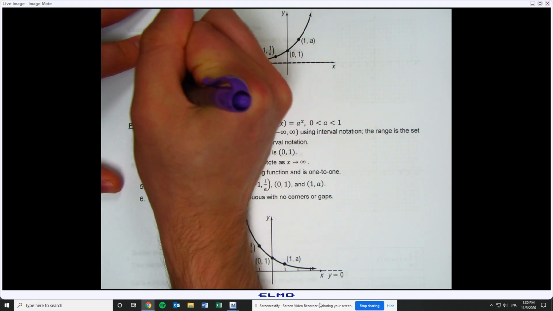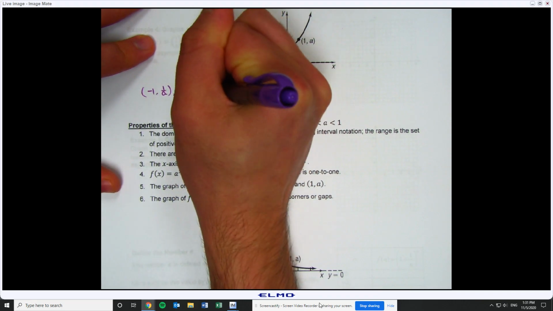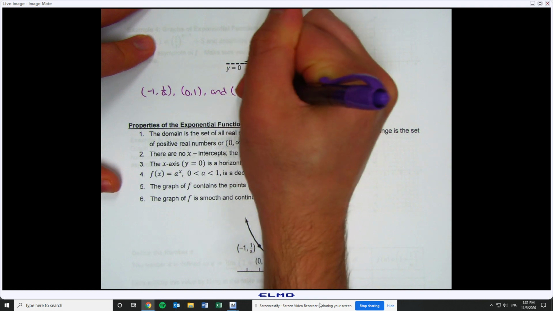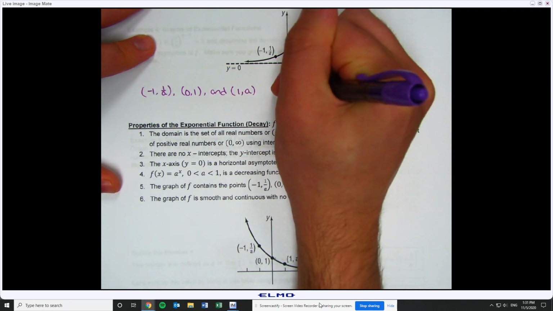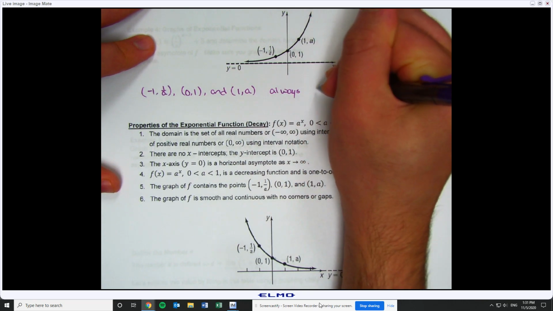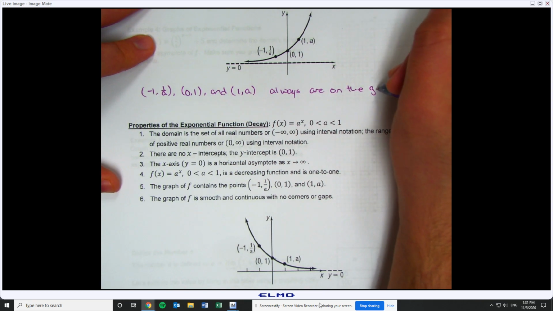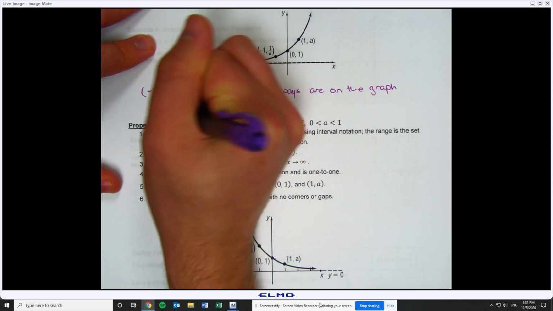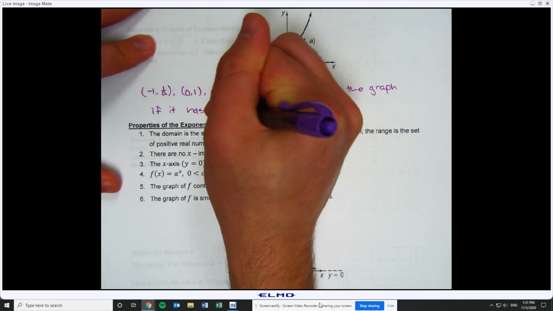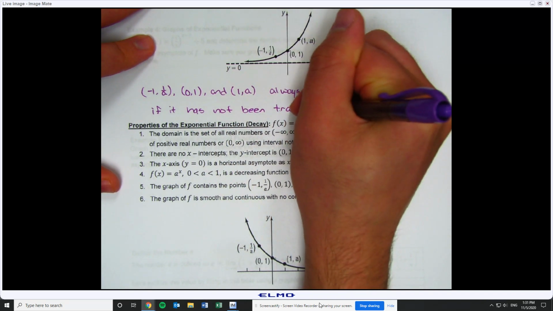So right now we have -1, 1 over a, 0, 1, and 1, a, always are on the graph if it has not been transformed.